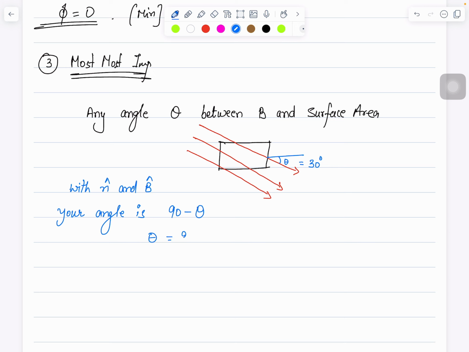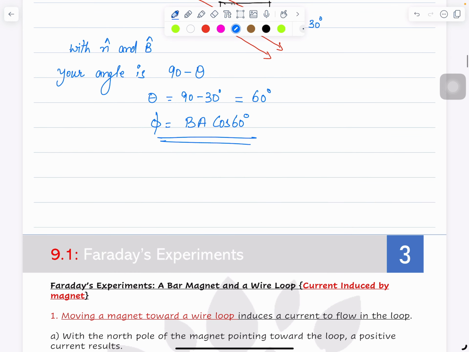Theta is equal to 90 minus 30, which is equal to 60 degrees. So flux is equal to BA cos of 60 degrees. This is very, very important, and in lots of numericals you will get this. Clear? Now you understand? Okay.